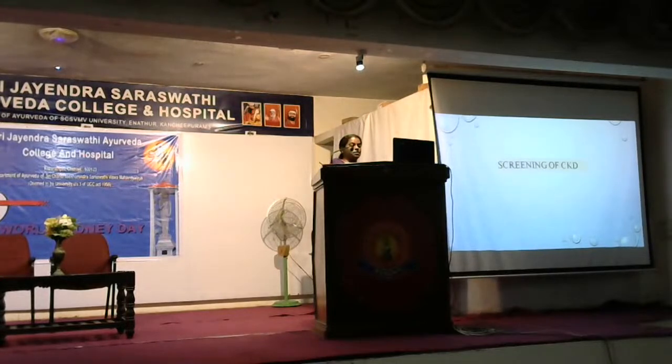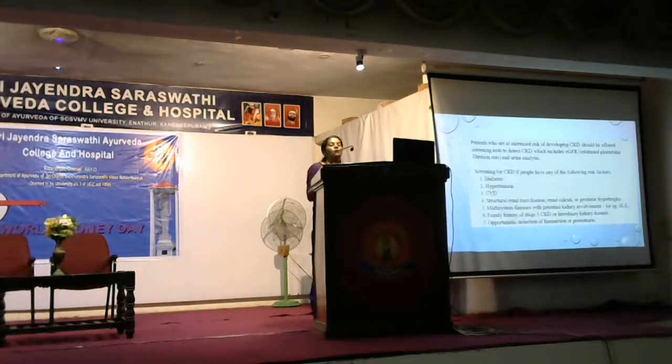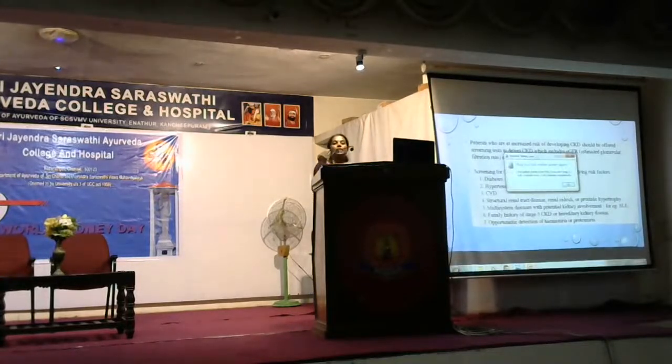chronic kidney disease. Why is chronic kidney disease important? Because 90% of chronic kidney diseases are asymptomatic in the early stage, and early identification is important for prevention of the condition. So risk groups should be screened, and we should know what the risk groups are.